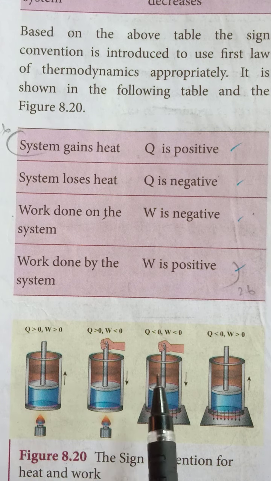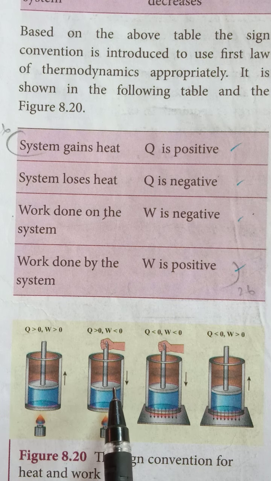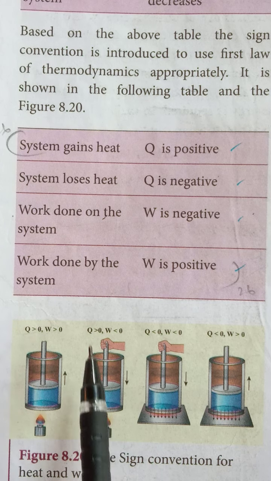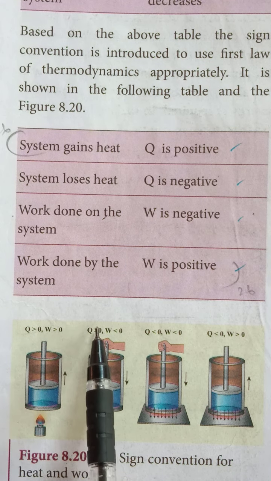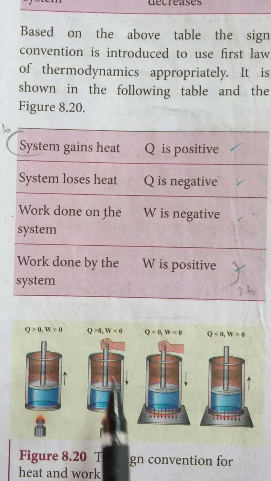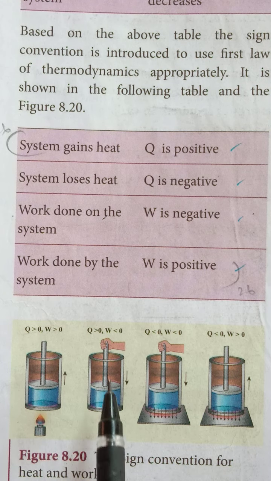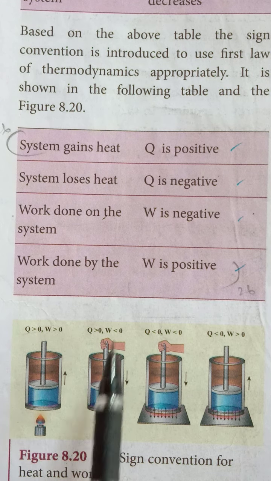Second, the piston is moved downwards. Heating is also applied here, so the energy will increase. So the amount of heat Q will increase, that is greater than 0. But the work done is on the system, so it will be less than 0, it's negative. Clear?